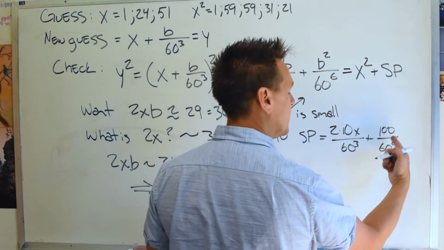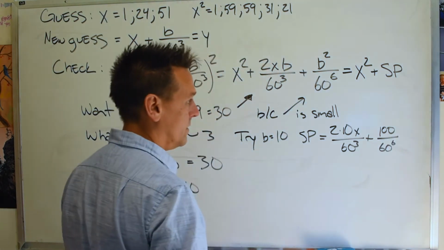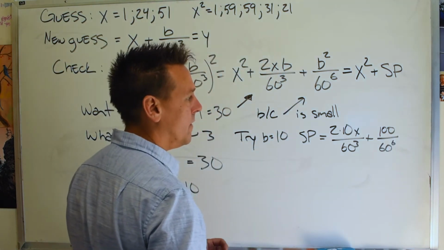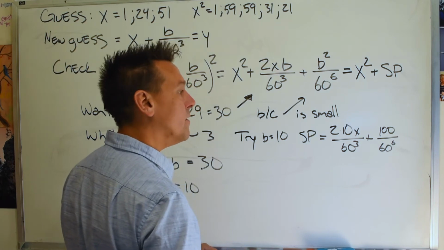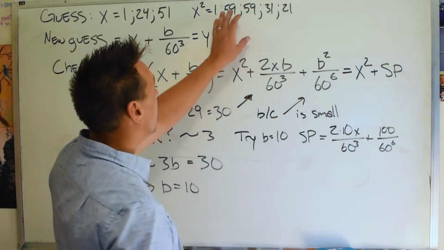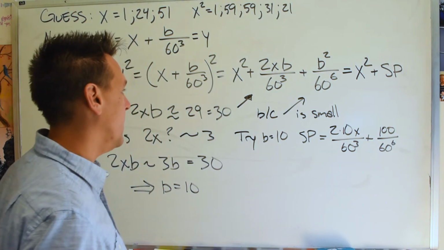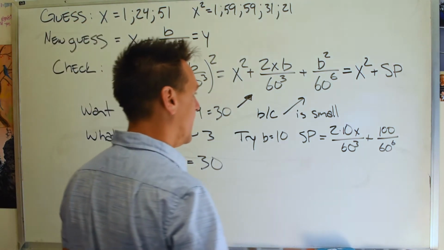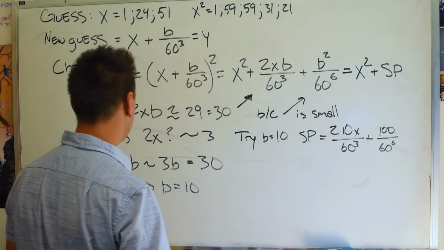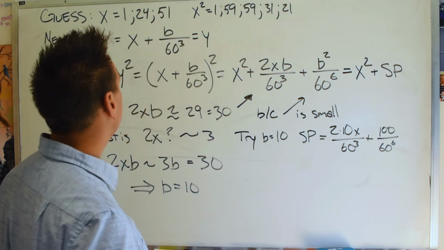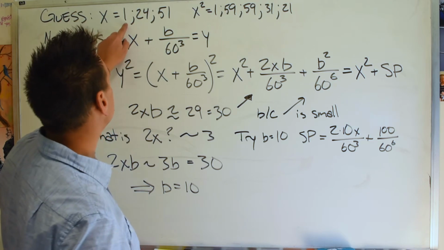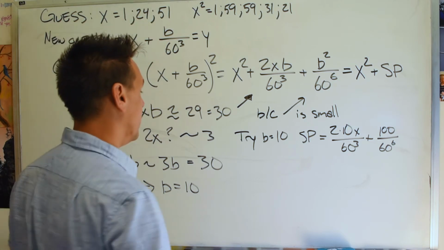So you can see this gives me 1 unit in the 60 to the 5th place, which isn't a whole lot compared to the effect I'm hoping to have on this number here. All right, so how do I do 20 times x? That's a good question. One way to do it is, all right, there's my x. I'm just going to multiply each place by 20.